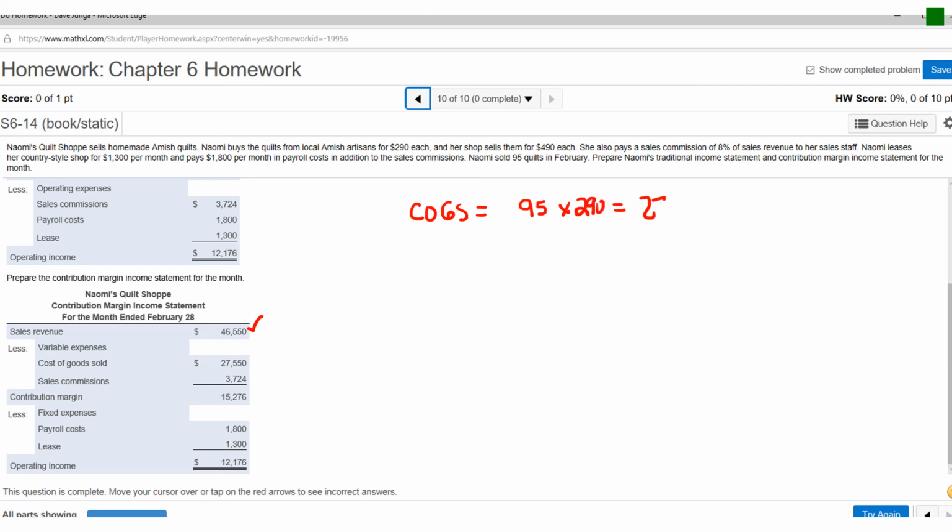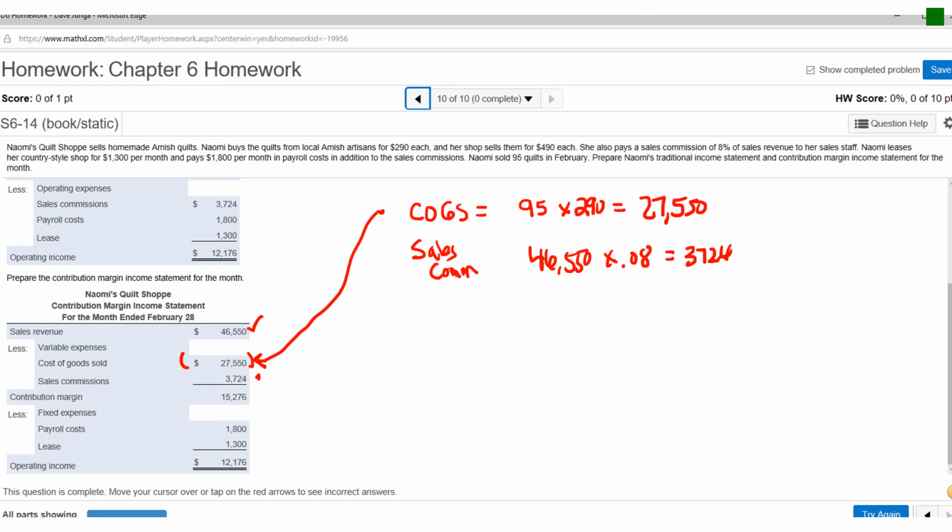So your cost of goods sold is $27,550. That's going to be a variable cost. And then your sales commissions are also variable. So your revenue was $46,550 times 0.08, and that would have given you $3,724, and that would have been your other variable cost.